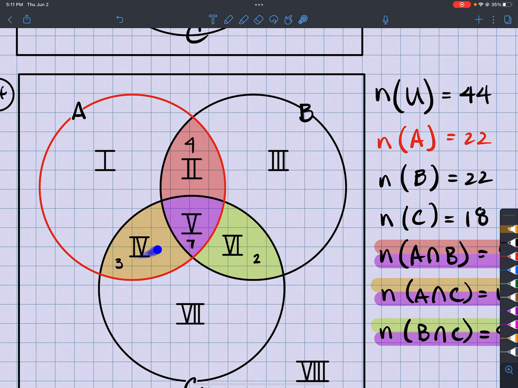So these 3 parts right here take up 14 of the 22. So how many is left if you take 14 away from 22? That would be just 8 left. Okay.